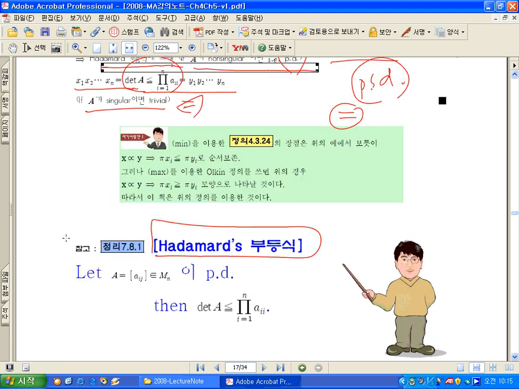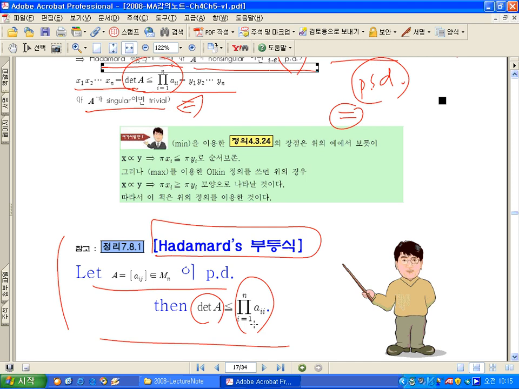This is the Hadamard inequality that you will see in chapter 7 on positive definite matrices. If A is a positive definite matrix, then the determinant of A is always less than or equal to the product of main diagonal entries.